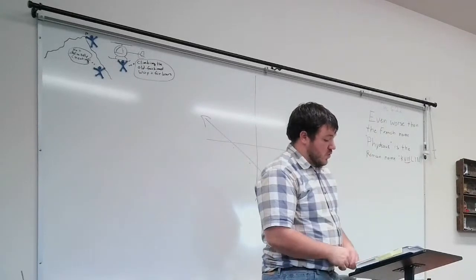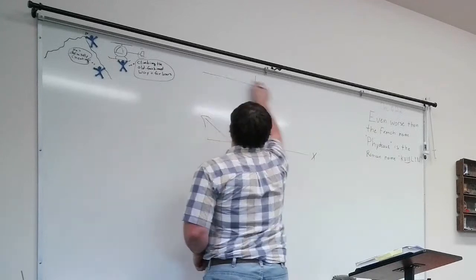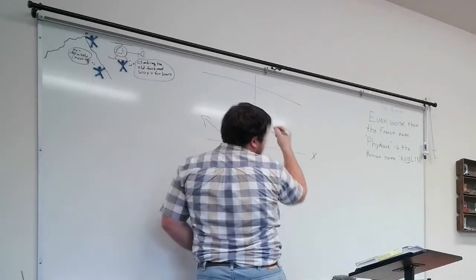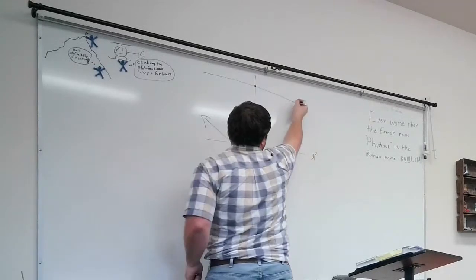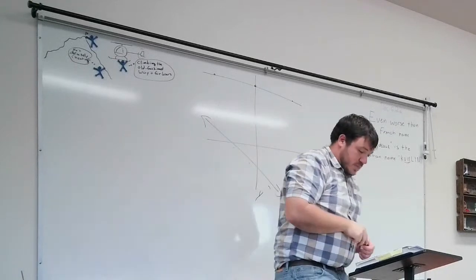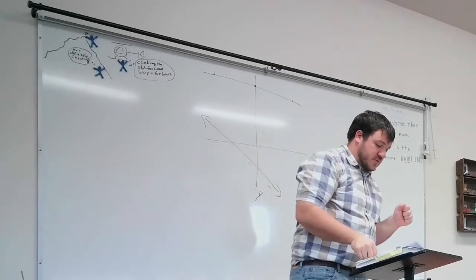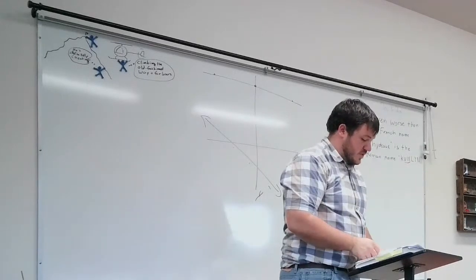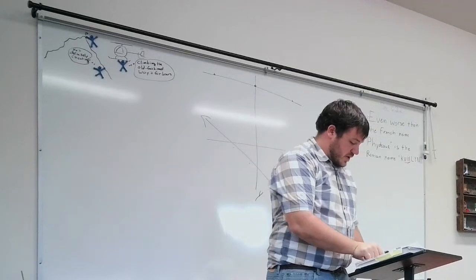And your graph should look something like this, with a point, and a point, and a point. 19, y equals 6, 20, k equals 3, 21, x equals 8, 22, x equals -4, 23, x equals 21.